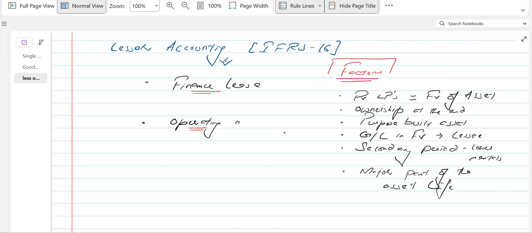Obviously they have given the asset to the lessee, and the lessee will record the asset in their financial statements. The lessor will receive the lease payments. So a finance lease is just a receivable. The lessor will treat those payments as a receivable.